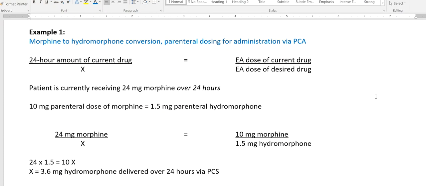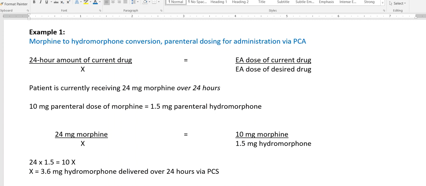So I have a couple more examples here. In this case, I'm doing a morphine to hydromorphone conversion, switching from one drug, morphine PCA, to another drug, hydromorphone PCA. I have the basic conversion equation visible for you, and you can see that the patient is currently receiving 24 milligrams of morphine over 24 hours.